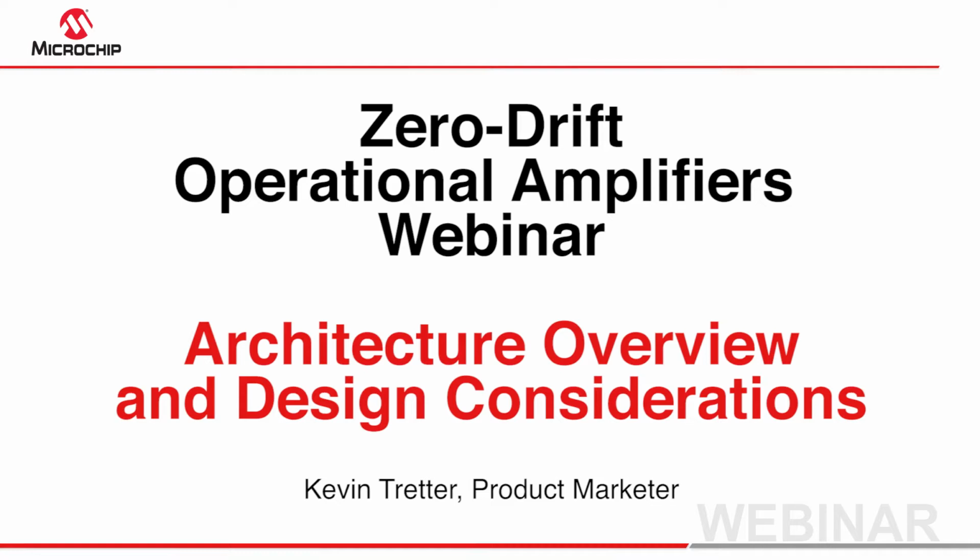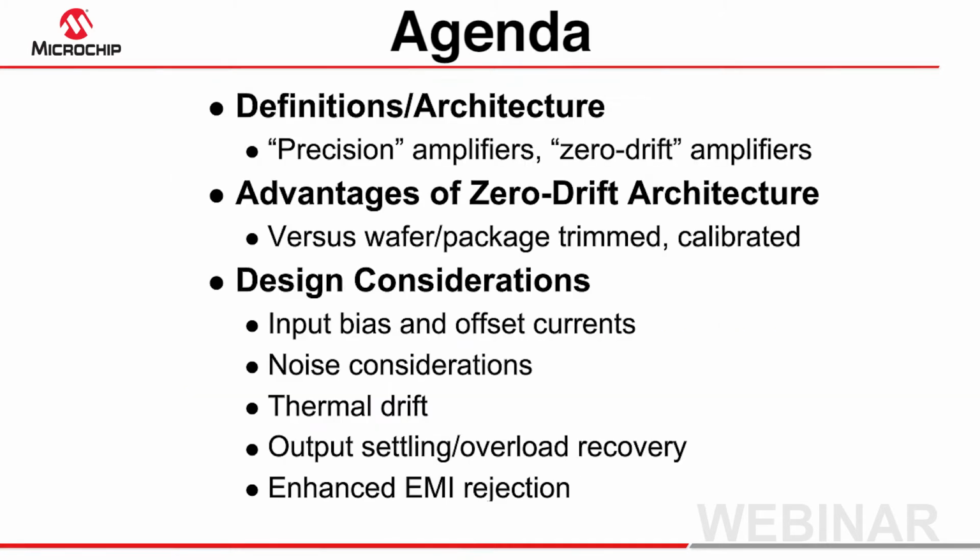Thank you, Chris. So this webinar will focus on zero drift amplifiers, in which we will quickly explore the architectures, but the main focus will be on actually implementing these amplifiers in a design. We will first cover some basic definitions just to ensure that we are all on the same page.